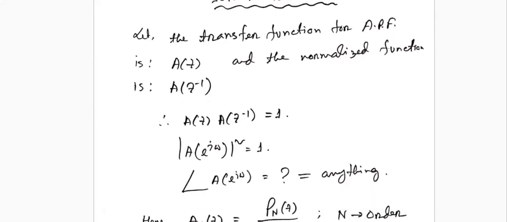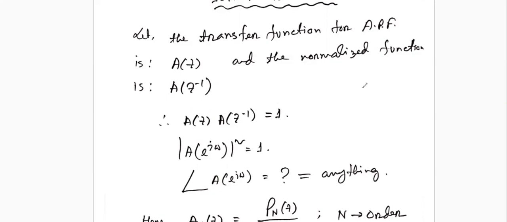Let the transfer function for the all pass filter be A(z), where A is for the all pass filter, and the normalized function is this. This can also be mentioned as the inverse function. What is the inverse function?